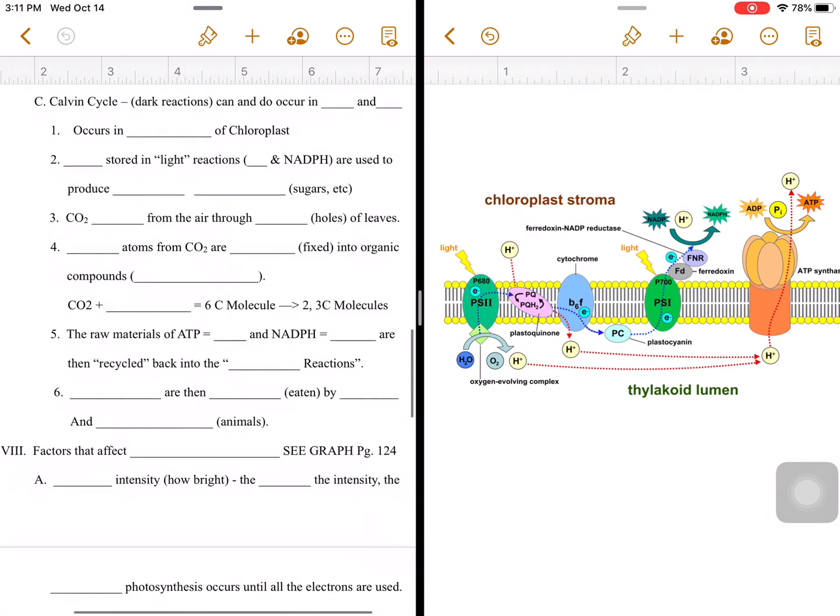The Calvin cycle is also called the light-independent reaction or the dark reactions, but it doesn't always happen during the dark. A lot of times it happens during the light, so it can occur in both light and dark. It occurs in the stroma of the chloroplast.